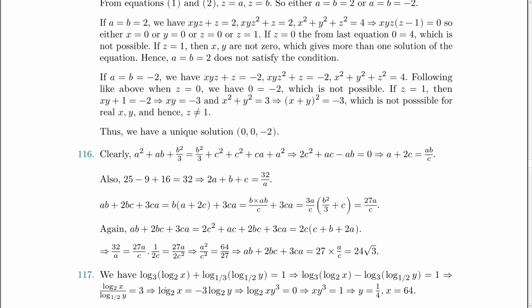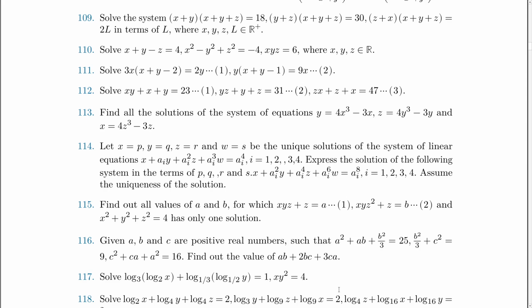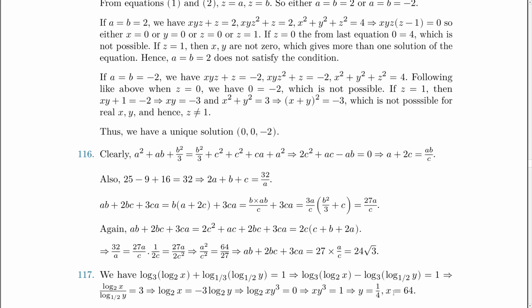So we have log of 2x is equal to minus 3 log 2y. Once we have this relationship, we have xy cube is equal to 1. Once we have xy cube is equal to 1 and xy square is equal to 4, we get y is equal to 1 by 4, and that means x is equal to 64.